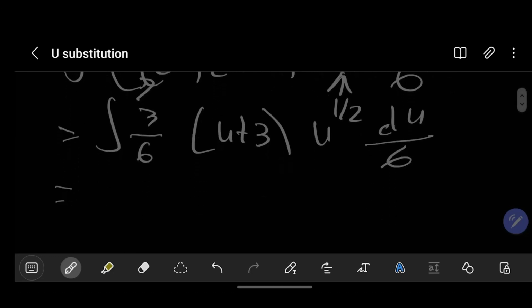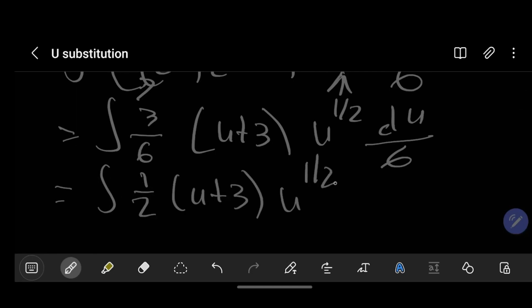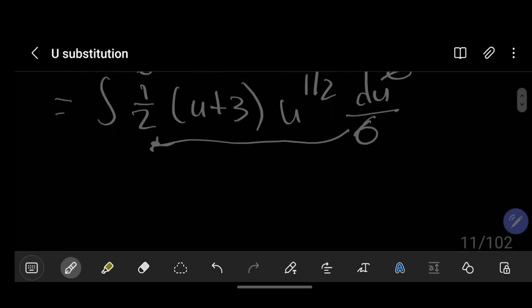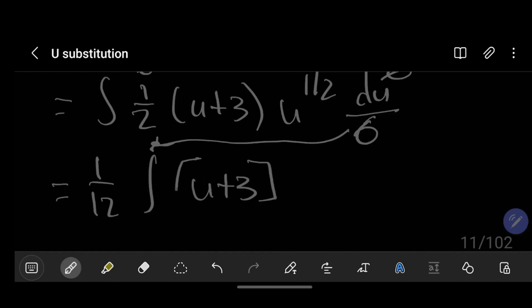Simplifying further, we'll get the integral of 1 by 2 u plus 3 u to the half du over 6. And now we can get the 1 over 6 here, and we multiply that by the half. And we can pull that out, and that's 1 by 12, the integral of u plus 3 multiplied by u to the half du.